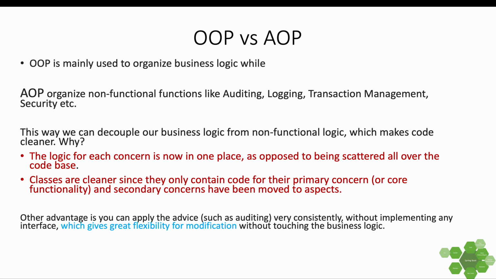And when you write code like that, your code becomes easy to maintain. Your code is less sensitive to changes, because now you can change your interfaces, you can change your classes without having to make many changes to that particular advice.